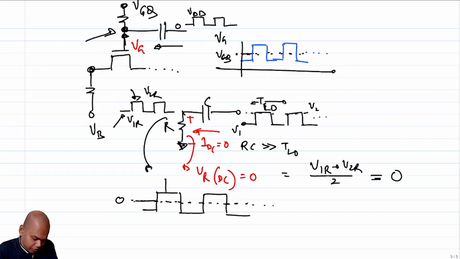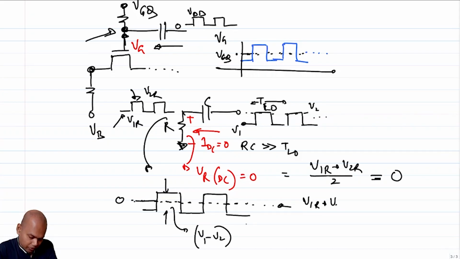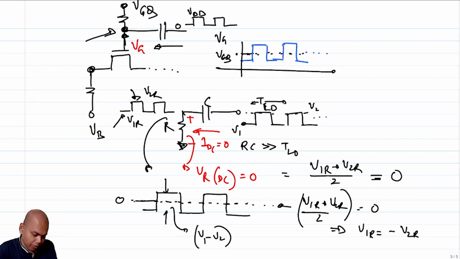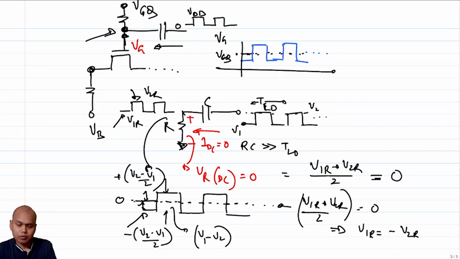And I know that this difference is V1 minus V2, and this is equal to V1R plus V2R by 2, which is 0, which means your V1R is equal to minus V2R, so it's symmetric about 0, right? So this and this are identical, which means this will be negative of V2 minus V1 by 2, and the top side will be positive of V2 minus V1 by 2, correct?